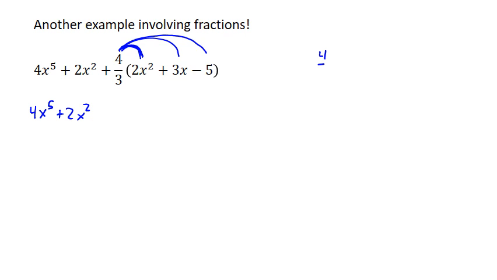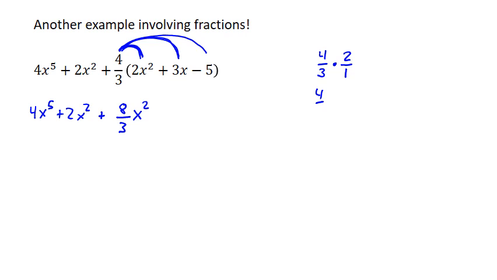So 4/3 times 2x squared. Now we'll remember, if I have 4/3 times 2, think of the 2 as 2 over 1. How do I multiply fractions? Straight across the top, straight across the bottom. So 4 times 2 is 8, and 3 times 1 is 3. So it becomes 8/3 x squared. Next I have 4/3 times 3x.